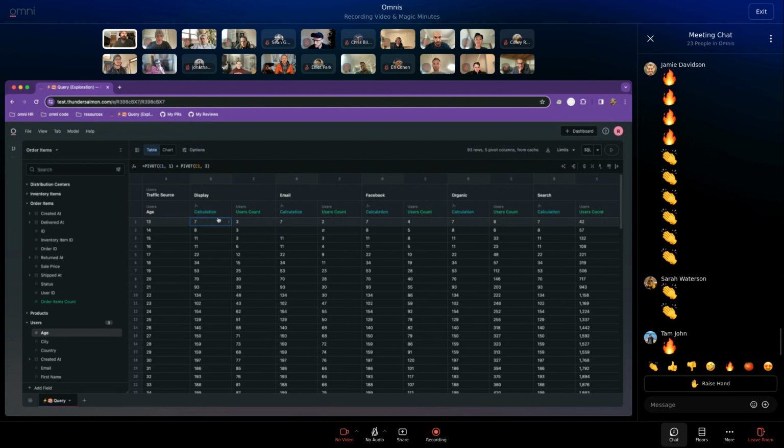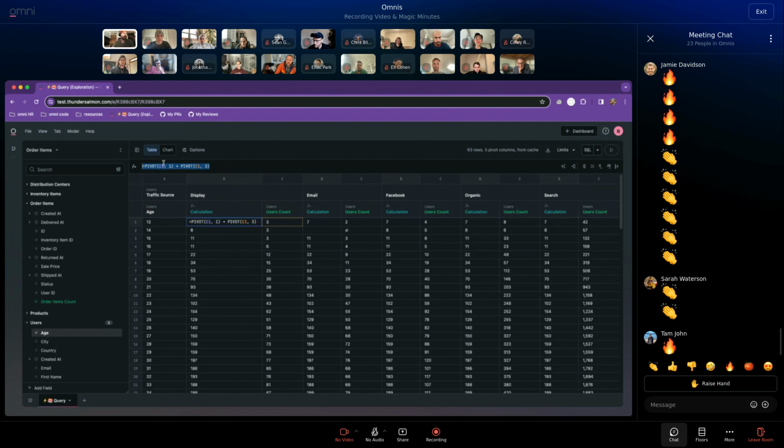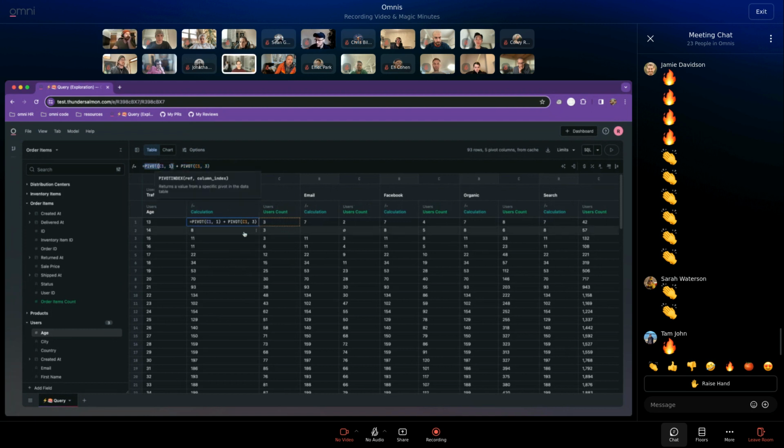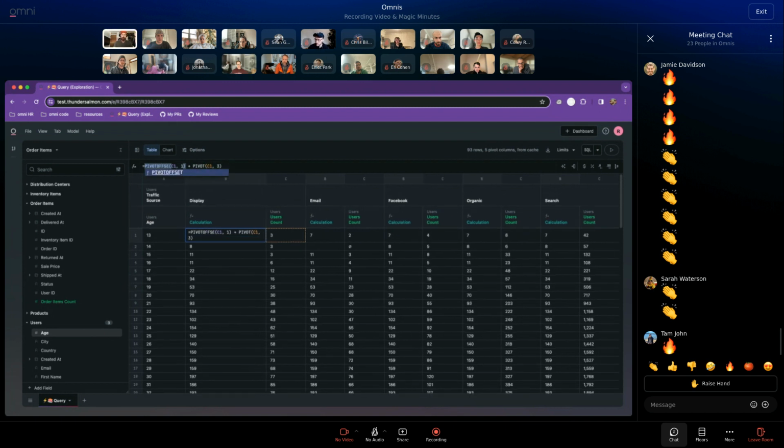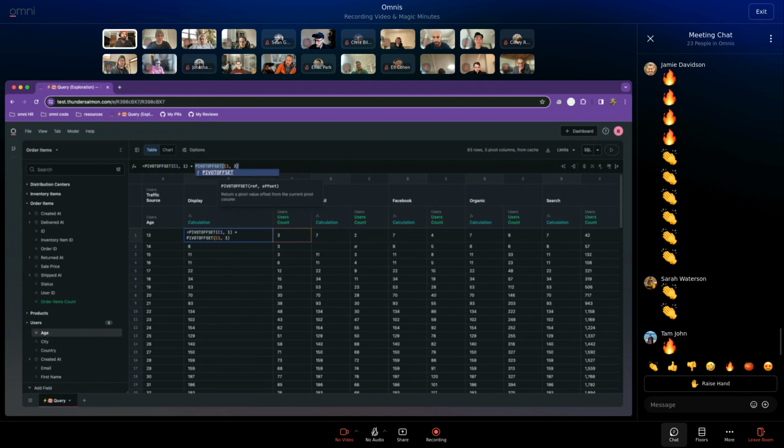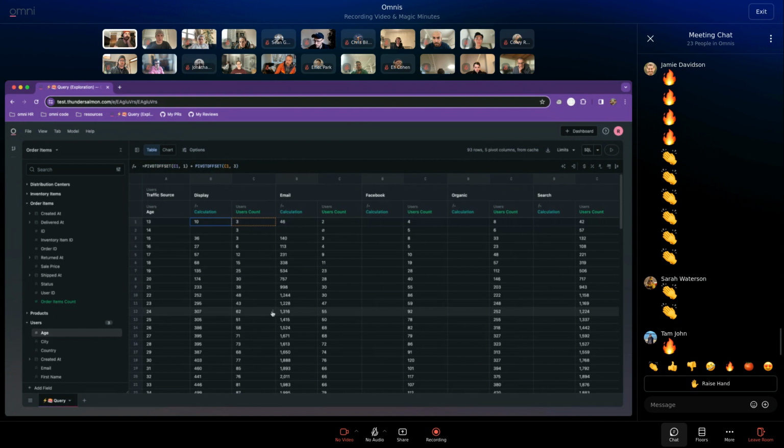I thought that this probably shows this one. Yeah, I'd have to think about it. I don't know if I have an answer off the bat, but we do have pivot offset as a different function, so that would be the transient version. Yeah, exactly. I don't actually know what the user would expect. But the pivot offset would be a relative calculation across all the pivots, and so each calculation ends up different.